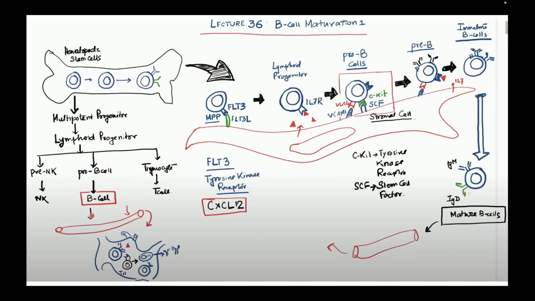And here we get the pro-B cells. So from the lymphoid lineage we get the pro-B cells, then the B cells, and then they mature.